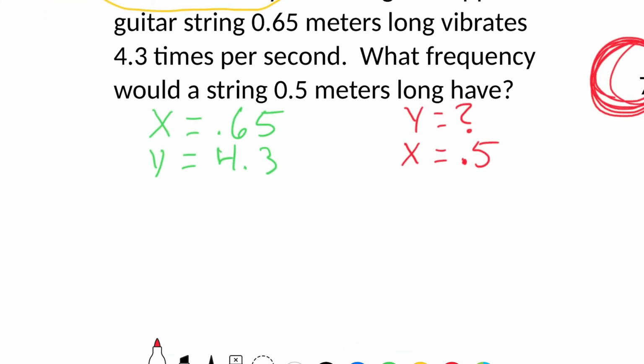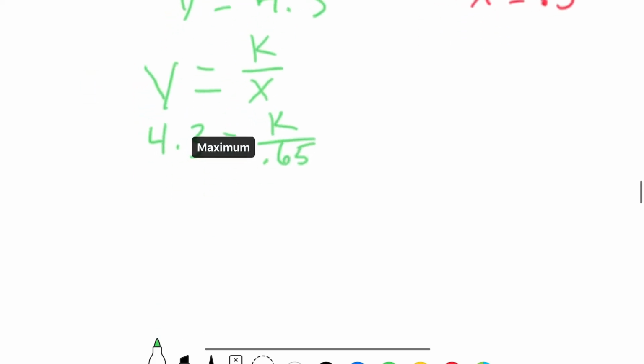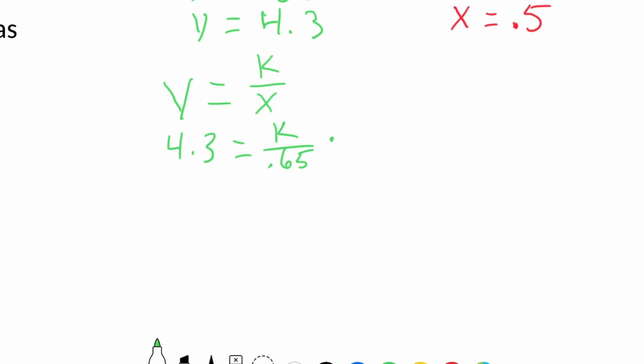So we've got to use the set of data that is complete to find our k first. So we're going to do y equals k over x, substitute our values in, 4.3 equals k over 0.65. To get k by itself, we have to multiply by 0.65.